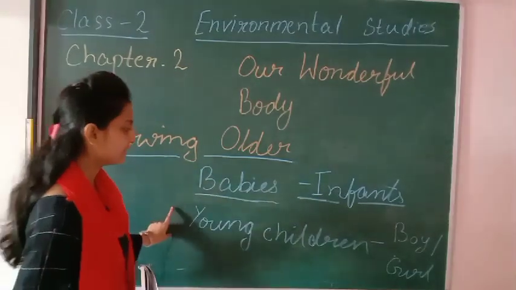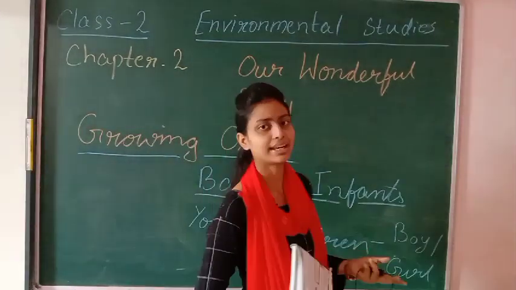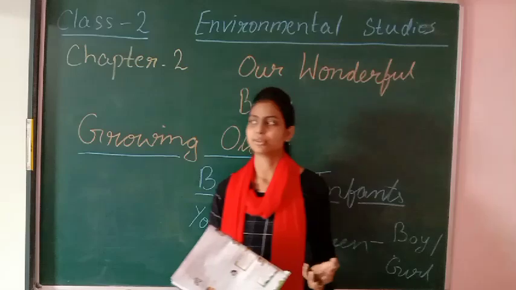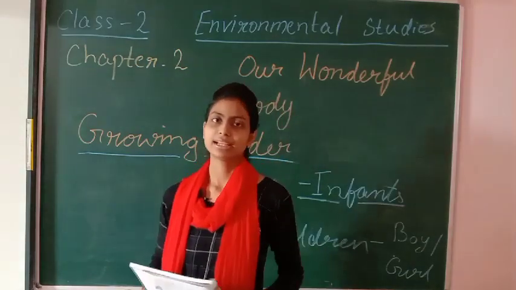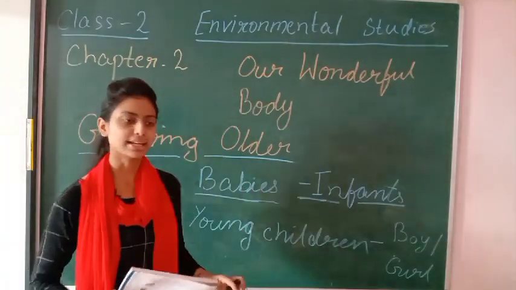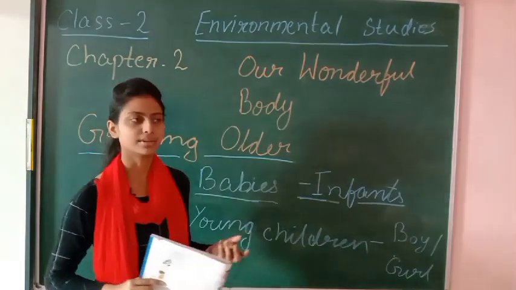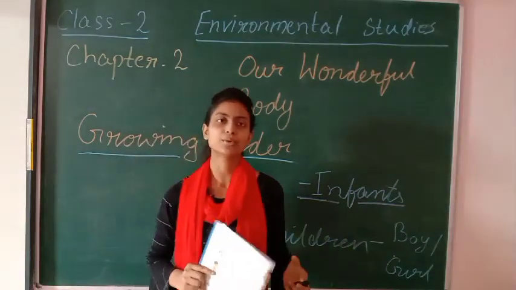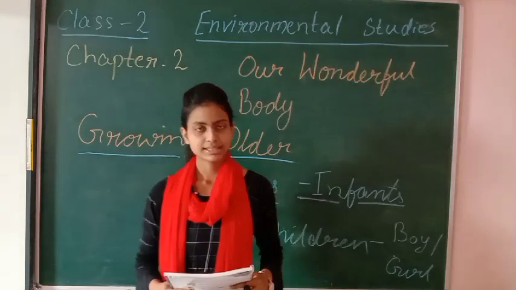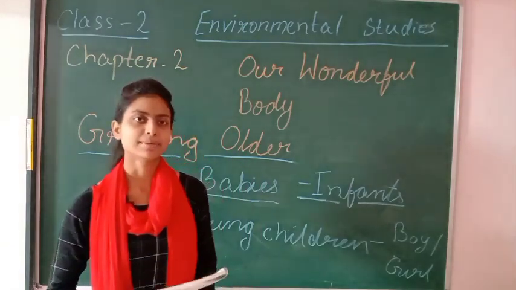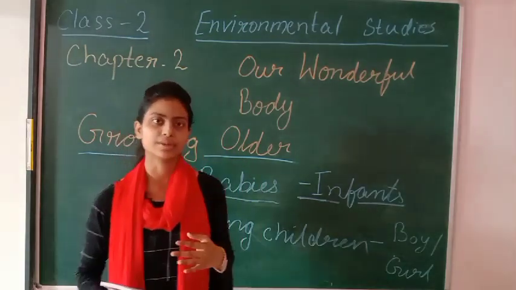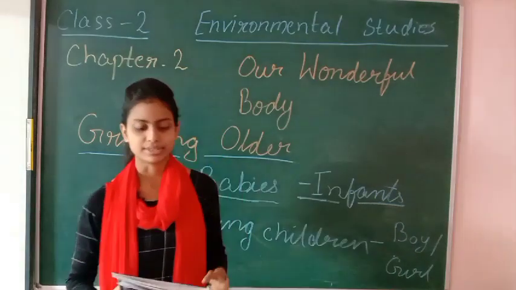No, but young children can cycle, eat on their own, and bathe on their own. They can do these activities now because they have grown bigger from babies. Themselves means by their own.